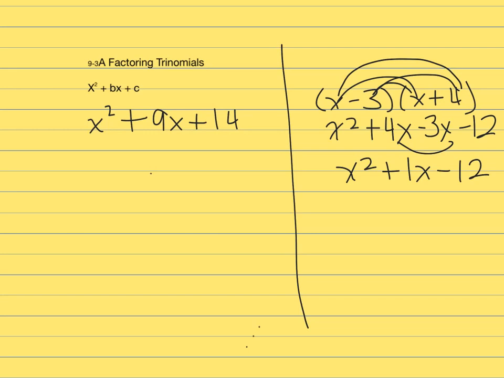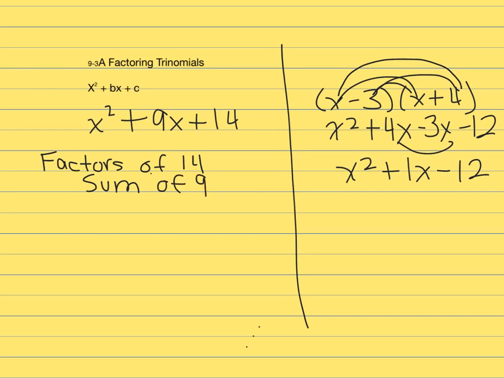The way that we do this is, look at our problem we have here, x squared plus 9x plus 14. The way we need to think about this is we need to find factors of 14 that sum to 9.